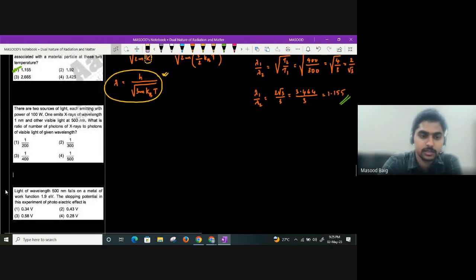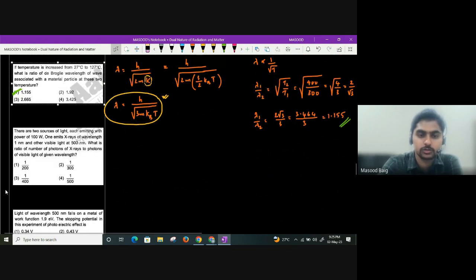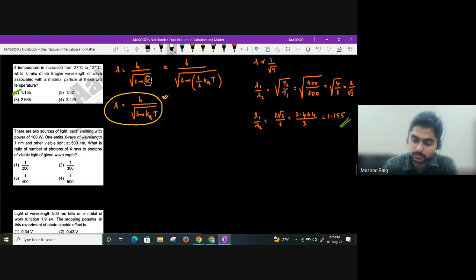Okay. Next question: there are two sources of light, each emitting power of 100 watt. One emits X-rays of wavelength 1 nanometer, the other visible light at 500 nanometer. What is the ratio of the number of photons of X-rays to photons of visible light? Now power is given.